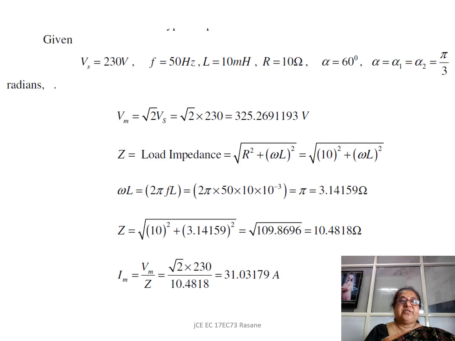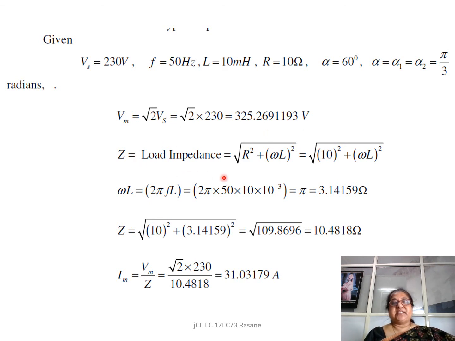So what is given to you? Vs is given as 230 volts, F is 50 Hertz, L is 10 millihenry, R is 10 ohms, and alpha is 60 degrees, that is, alpha 1 and alpha 2 in radians is pi by 3. Converting this, Vm is equal to root 2 times Vs, so I get 325.269 volts.